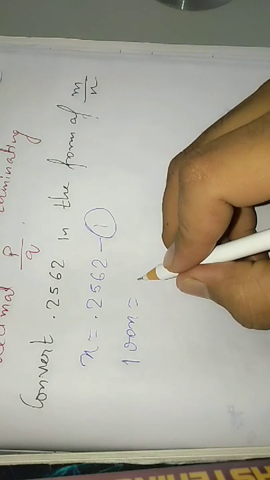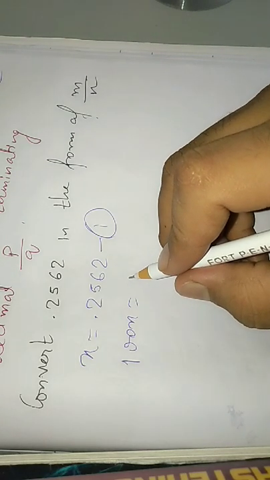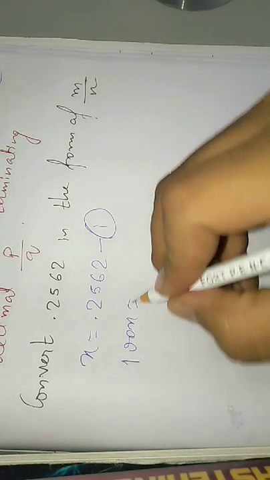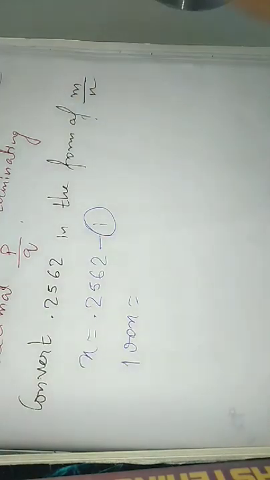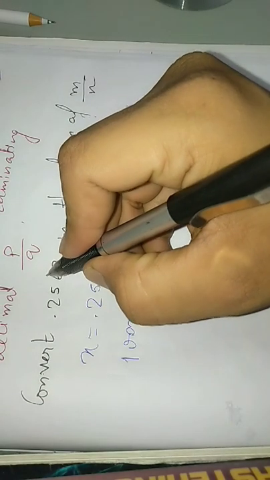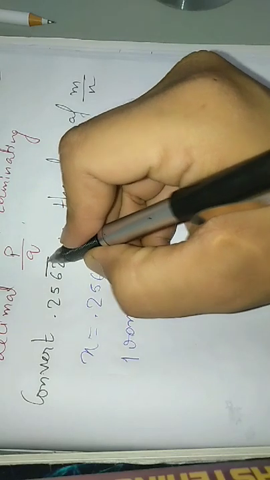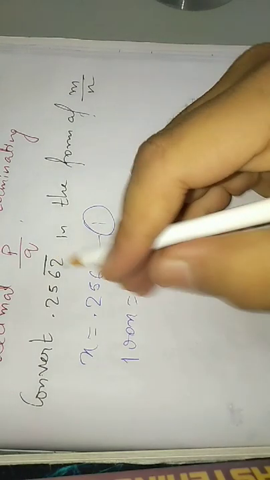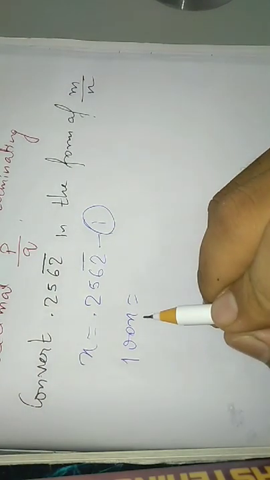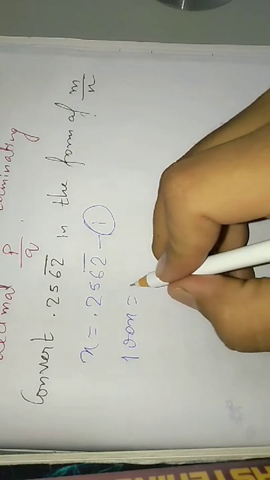And yes, this is non-terminating, which just means a mixed type of decimal it will be.